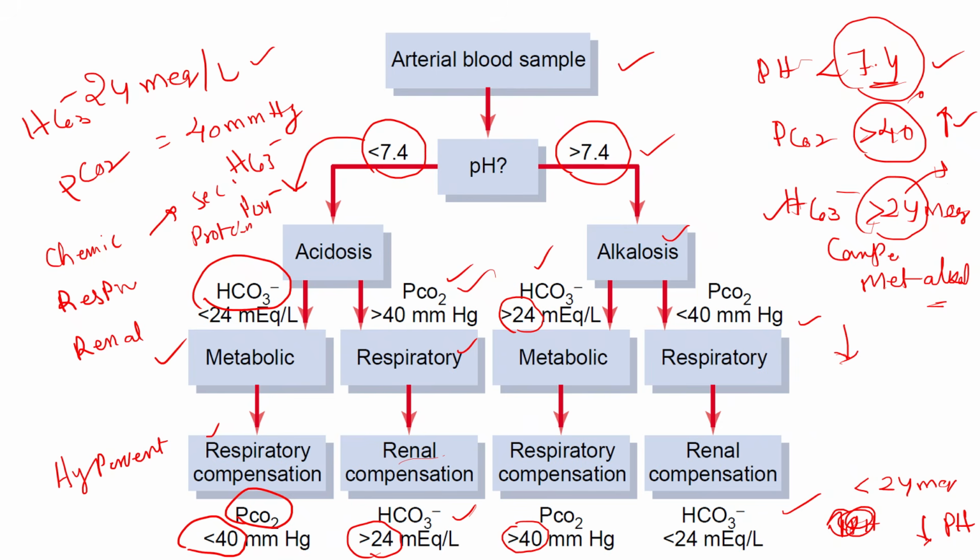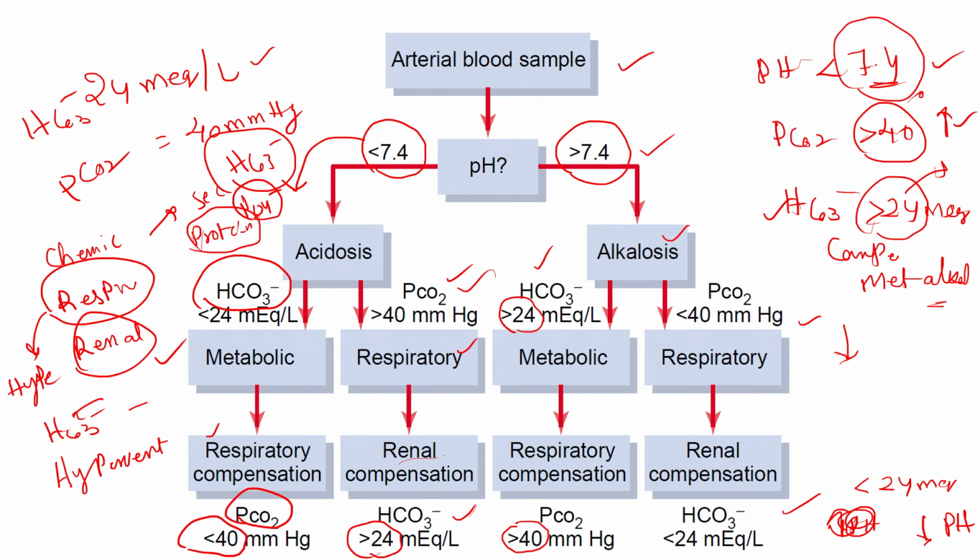Out of this, bicarbonate is the strongest extracellular buffer and phosphate is the strongest intracellular and renal tubular buffer, and protein is an intracellular buffer. Respiratory is simple hyperventilation or hypoventilation. Renal is bicarbonate reabsorption, H plus secretion, new bicarbonate synthesis.